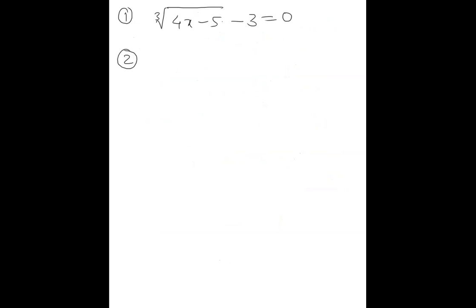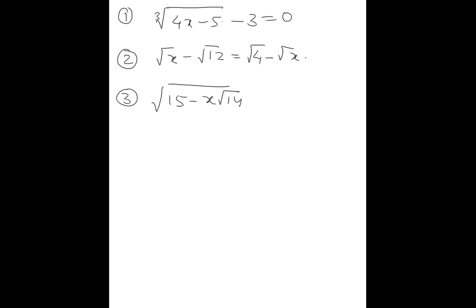Second, under root x minus under root 12 is equal to under root 4 minus root x. Third, under root of 15 minus x root 14 is equal to under root 8 minus under root 7. Find possible values of x.